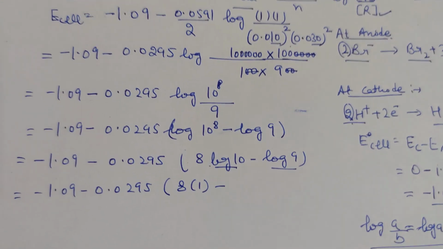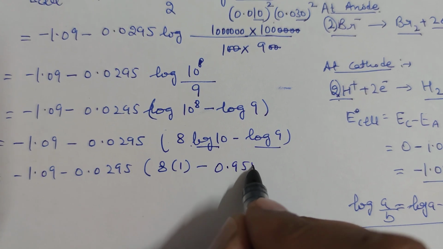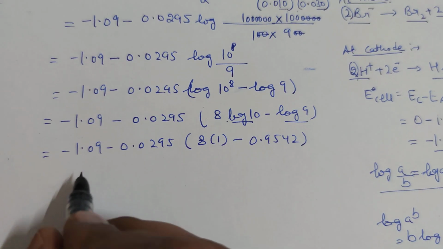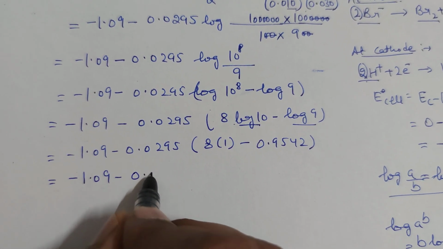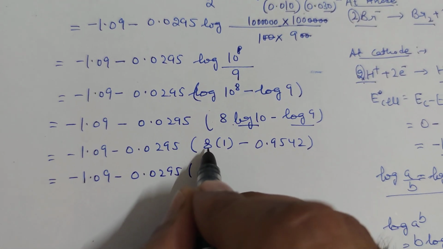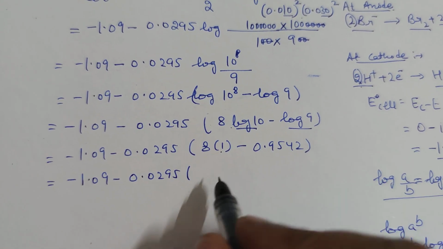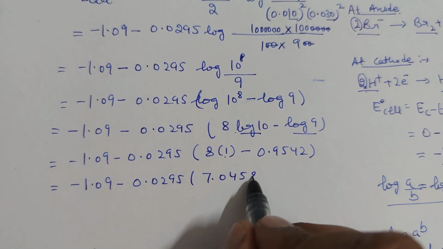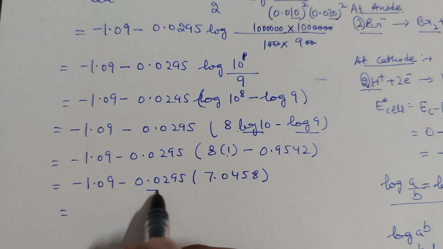The value of log 9 is 0.9542. By using the log table you will find the value. Next is minus 1.09, 0.0295. So 8 into 1 is 8, and minus this value. Upon subtracting we will get 7.0458.